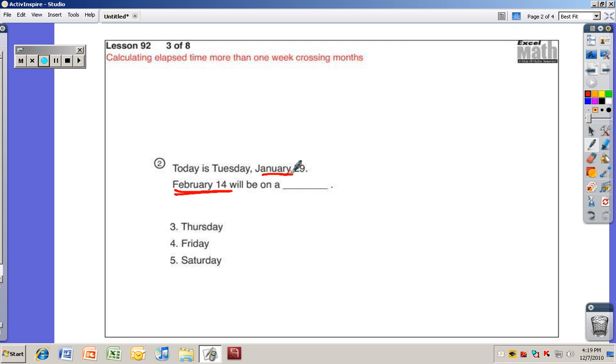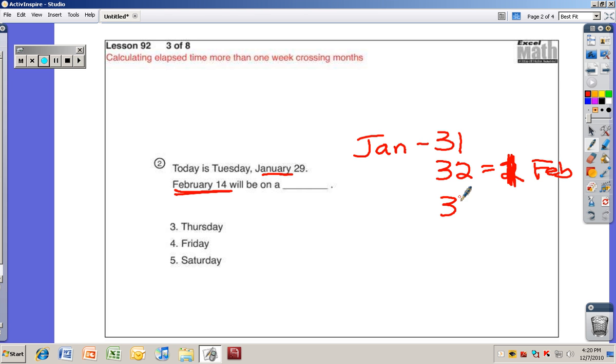We're going into February from January. So January has 31 days. So January 32nd is kind of like February 1st. And January 33rd is kind of like February 2nd. And January 34th is kind of like February 3rd.